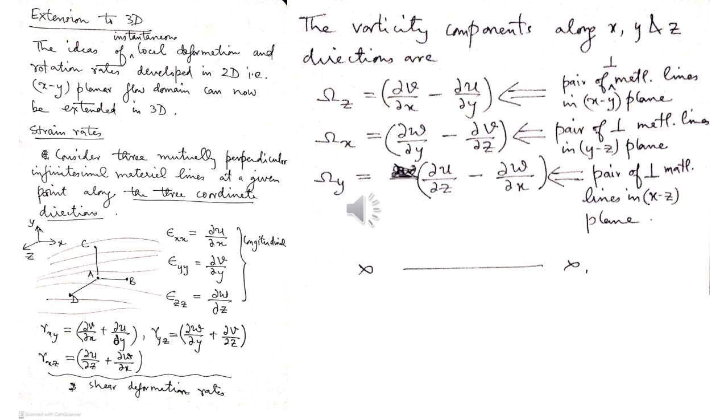That means, can we write these vorticity components and strain rate components in a coordinate free manner, or simply coordinate free forms of these expressions, so that whichever coordinate system we choose to work with, we can readily use this coordinate free expression and arrive at our expressions for the particular choice of the coordinate system.